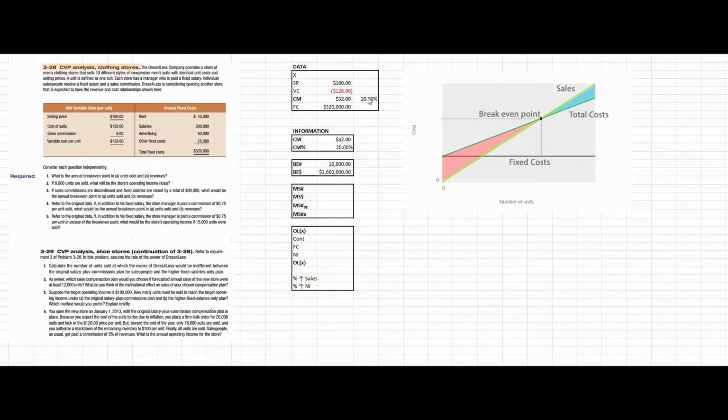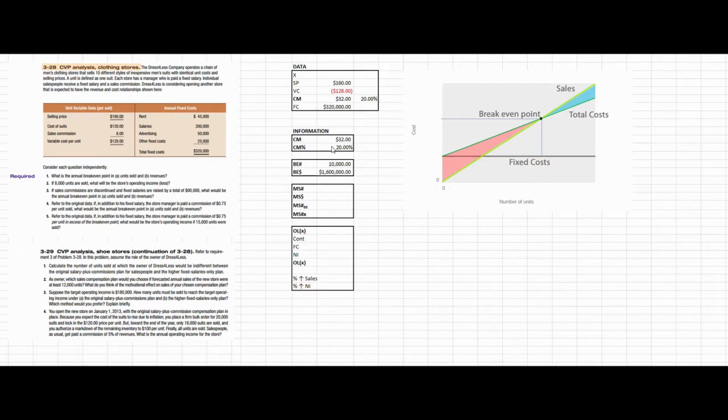In other words, if I have $1 worth of sales, I will get to keep 20 cents of that as the contribution on that dollar of sales. So the first two pieces of information that I'm always going to calculate are my contribution margin per unit and my contribution margin ratio. And of course, I want to make sure I understand how to interpret those.